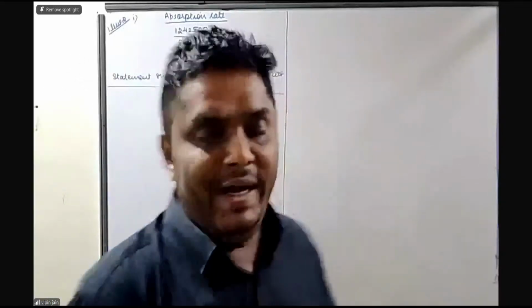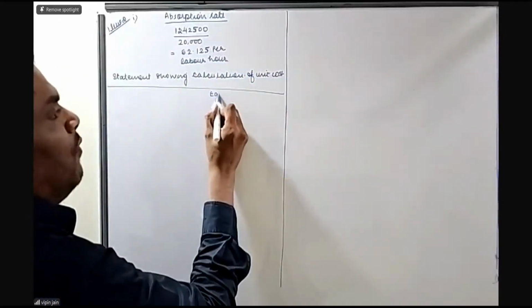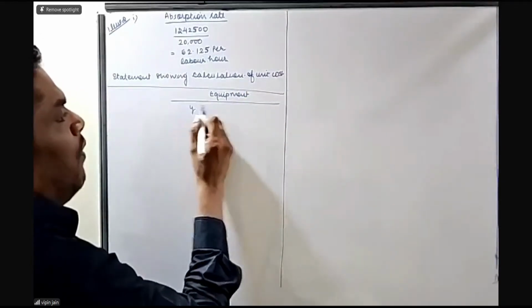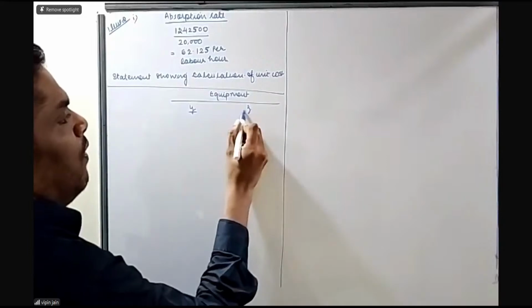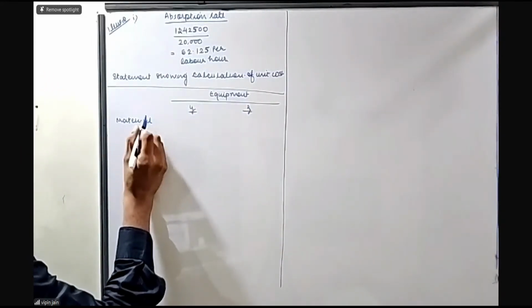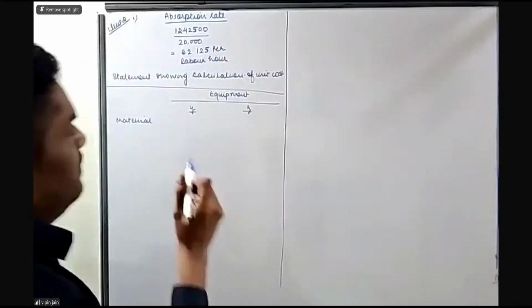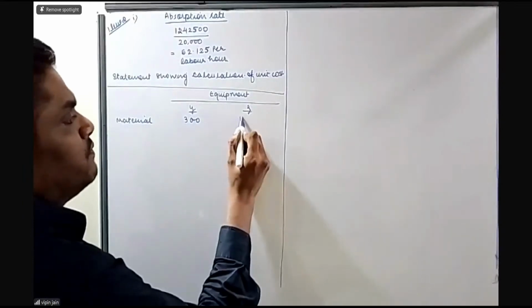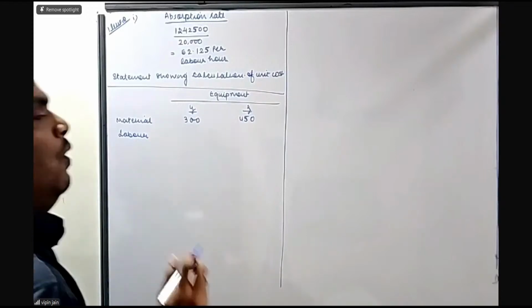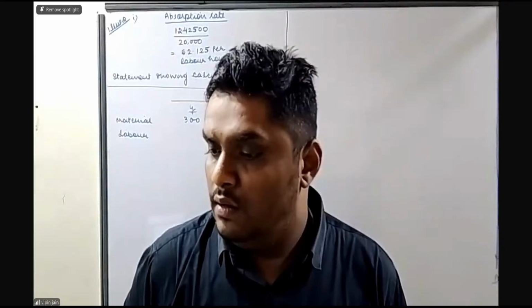So there are two products, Y and Z. When talking about material cost, it is given 300 per unit and 450 per unit. When talking about labor cost, it is given 450 per unit and 600 per unit.